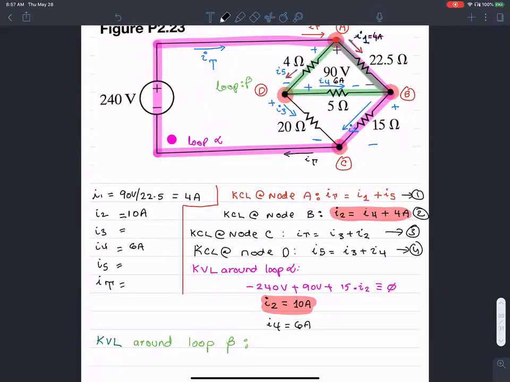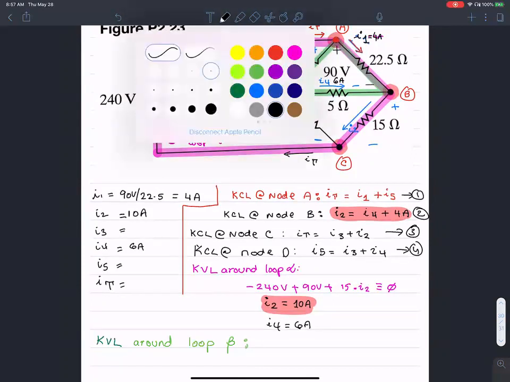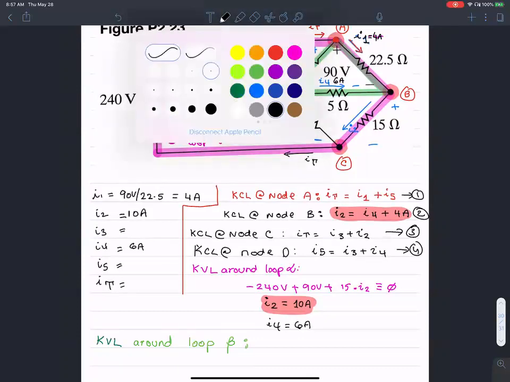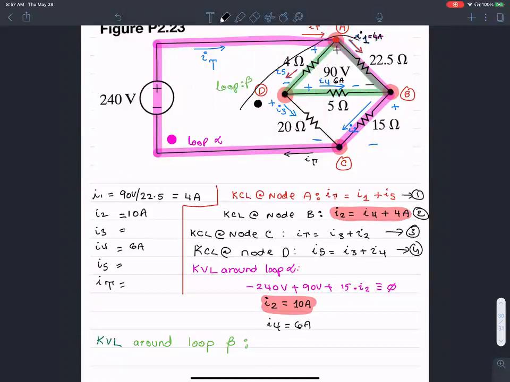So let's see. I start with the lower left part of the loop and follow a clockwise path like so. That's the path I'm going to follow. So who can help me begin setting up the equation here?